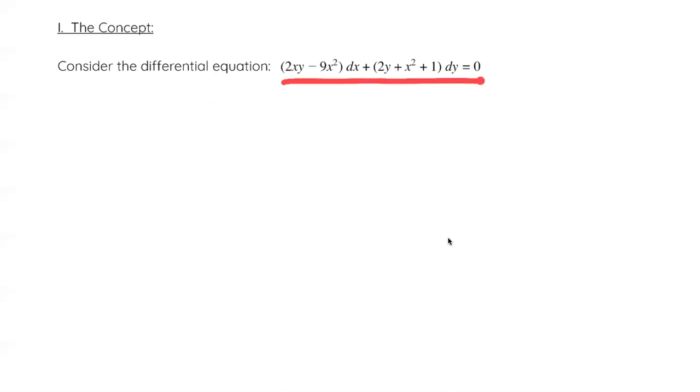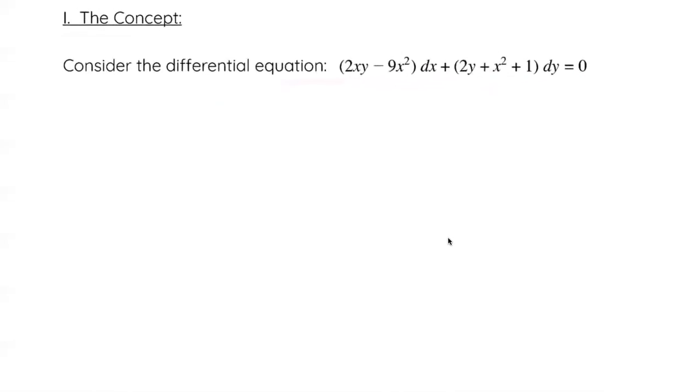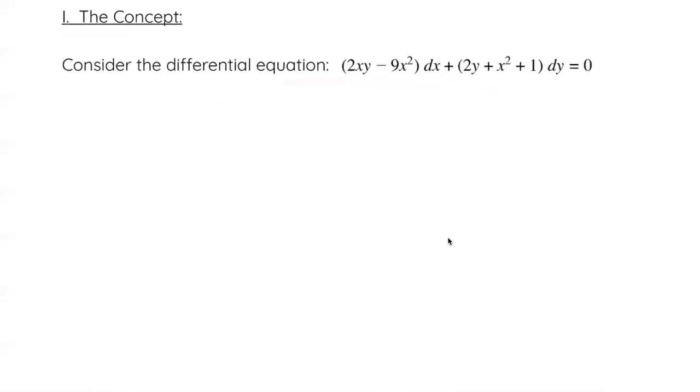So let's consider the differential equation that we have right here: (2xy minus 9x squared) dx plus (2y plus x squared plus 1) dy. One thing you'll notice is that we are looking at a first order equation, right? And we want to start by imagining. Yesterday we imagined a magical function that we called mu.